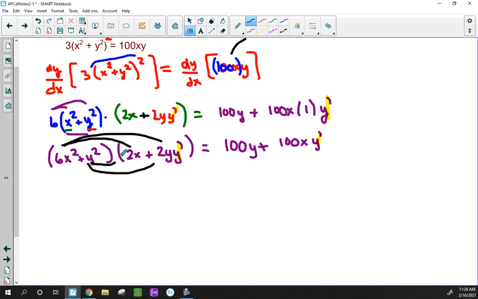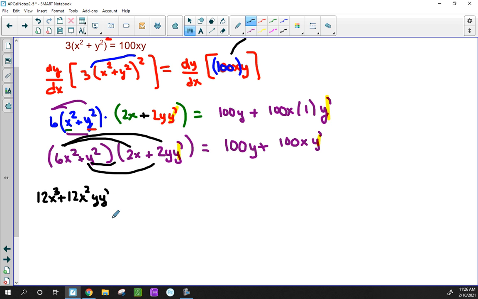So 6x squared times 2x is 12x to the third. 6x squared times the 2y prime. You gotta be careful here, a lot going on. That's a 12x squared y y prime.